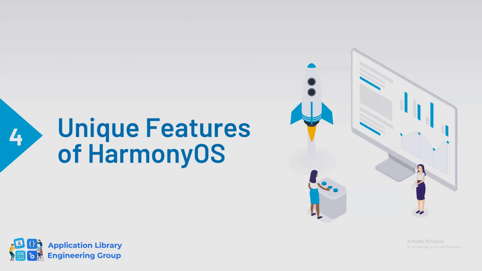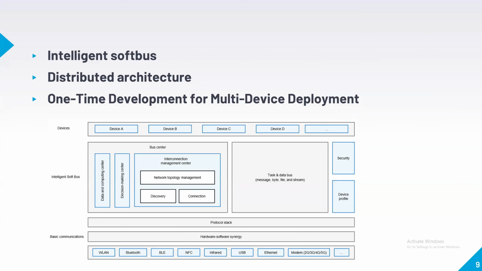So this is more in terms of Harmony's framework, architecture, and the application framework. Now we will see a few unique capabilities of HarmonyOS. One of the most important features that we were discussing many times was intelligent softbus.